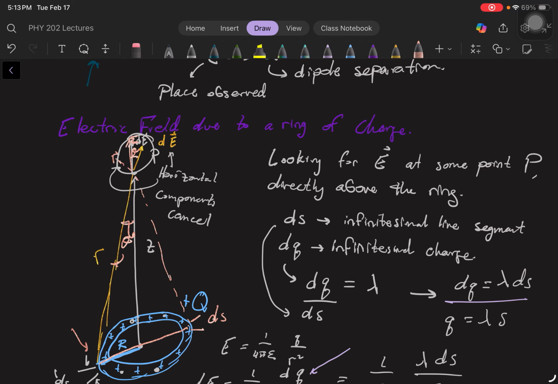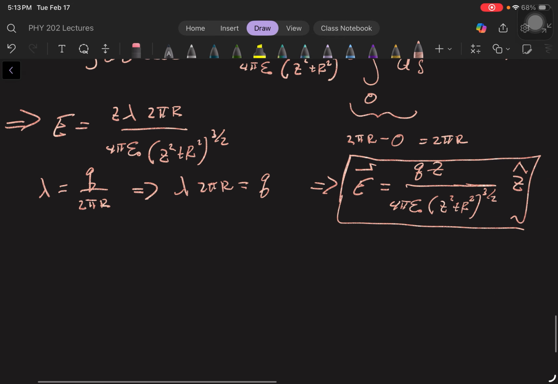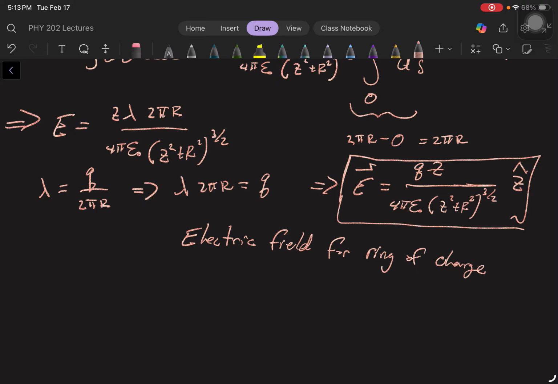The electric field points this way, that's the positive Z direction. If we had a negative line of charge, then it would just be pointing down towards the ring. And so this is the electric field for a ring of charge.